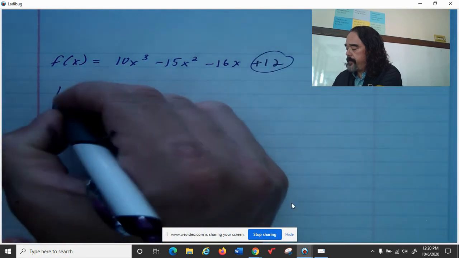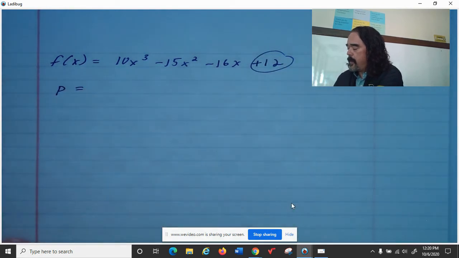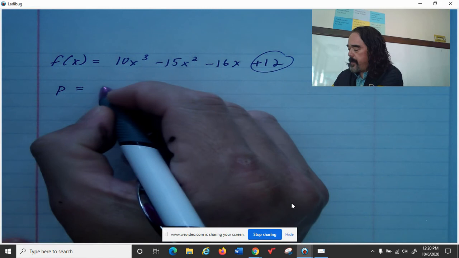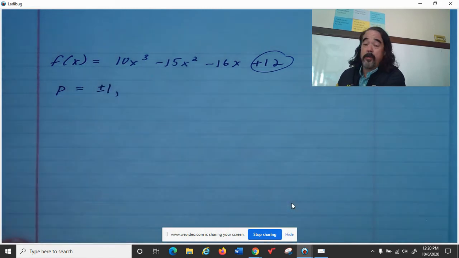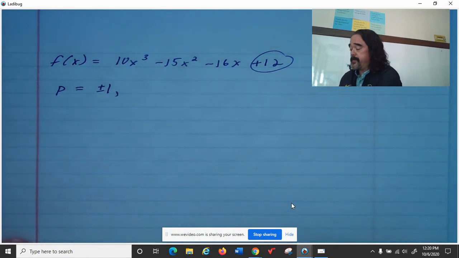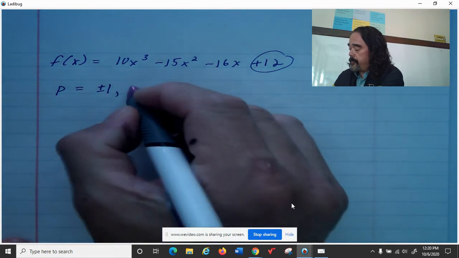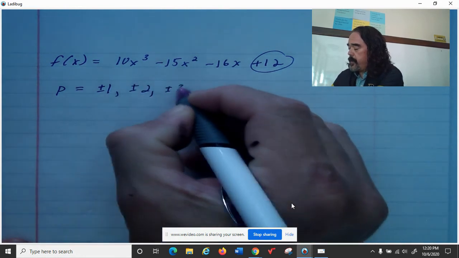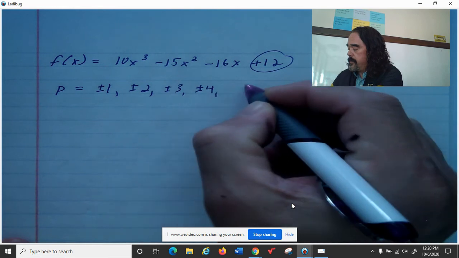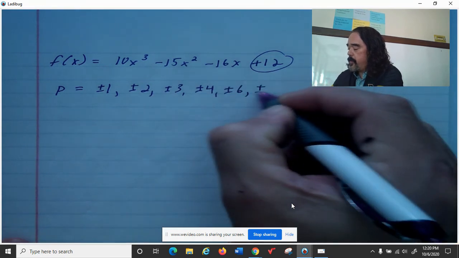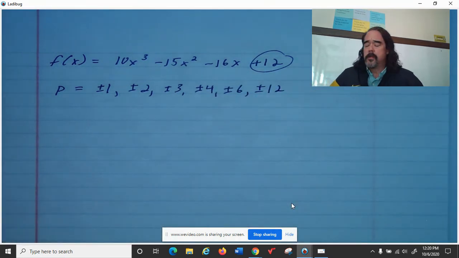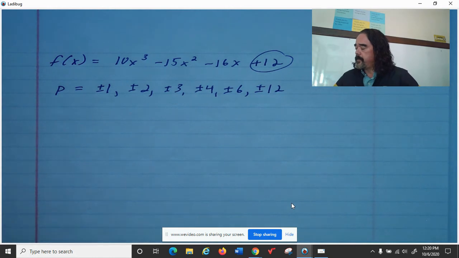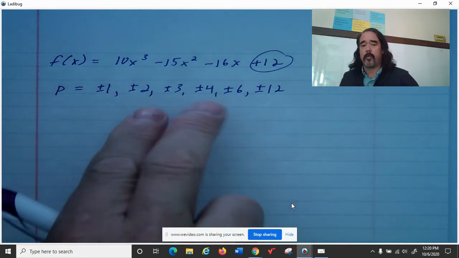So let's find all the factors of 12. Well, I know 1 will divide into 12, and 1 will always be listed. 2 will divide into 12. 3 will divide into 12. So will 4, 6, and 12. So all the factors of 12: 1 times 12, 2 times 6, 3 times 4.